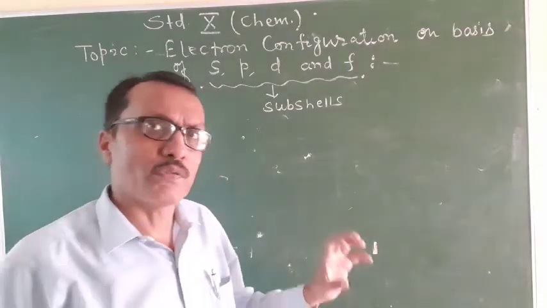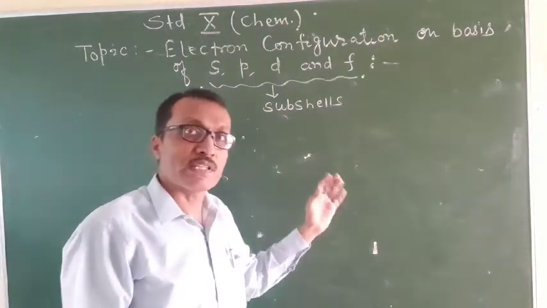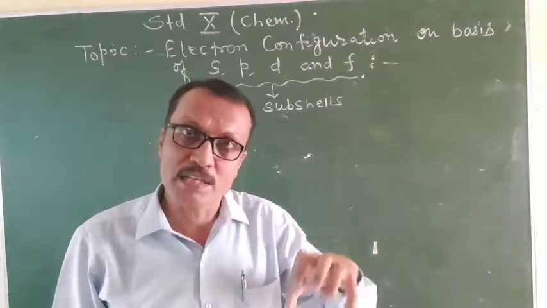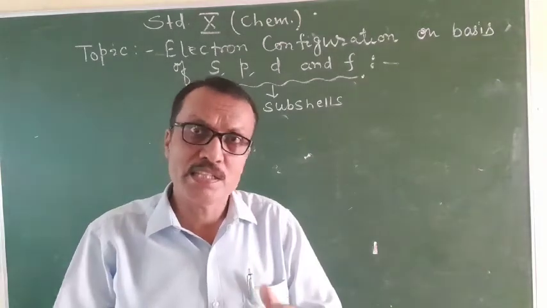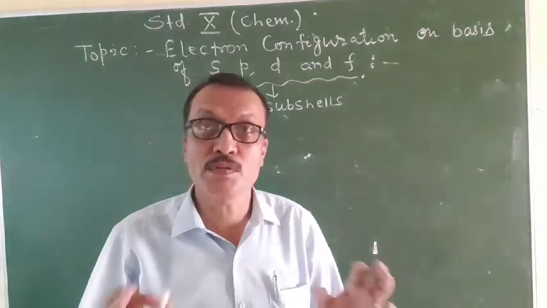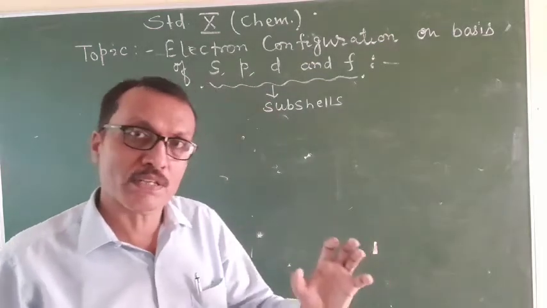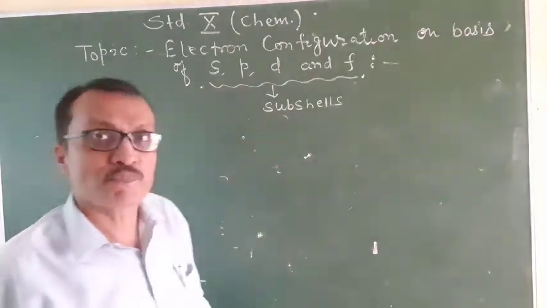Here you only have to know S, P, D and F are subcells, and these subcells are in cells. Are in cells means a cell is further subdivided into subcells, which you will study in the next class, in 11th class or 12th class. So students, S, P, D and F are subcells.